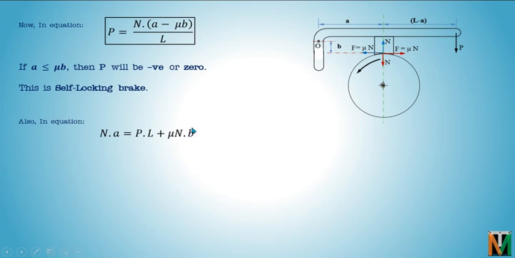That means the frictional force is actually helping the applied force. So this implies that the force P required to apply the brake decreases due to the frictional force. Or in other words, the frictional force helps to apply the brake. So this type of brake is known as self-energizing brake.